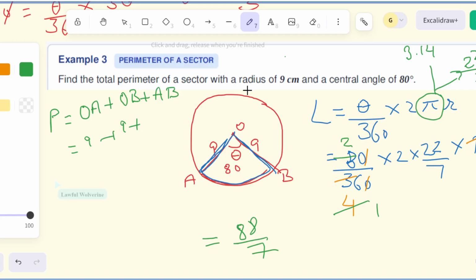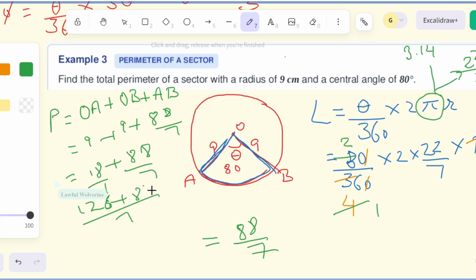Now 88 upon 7. You can just add it. 9 plus 9 is 18, 18 plus 88 upon 7. And then take 7 as the LCM. 18 times 7, so 8 times 7 is 56, 5 and carry, 1 times 7 is 7, 7 and 5 is 12, so 126 plus 88.